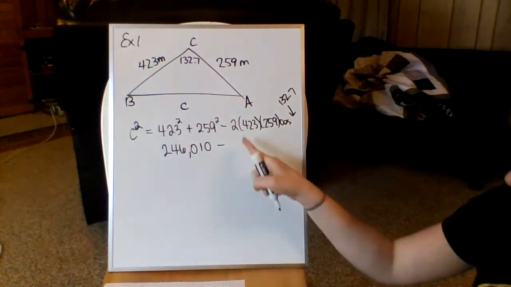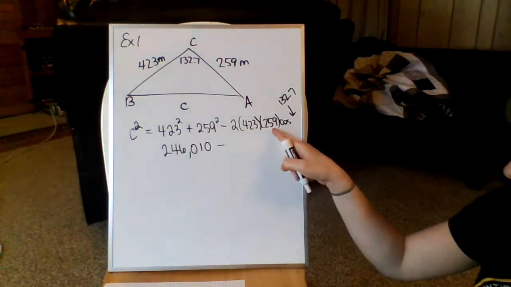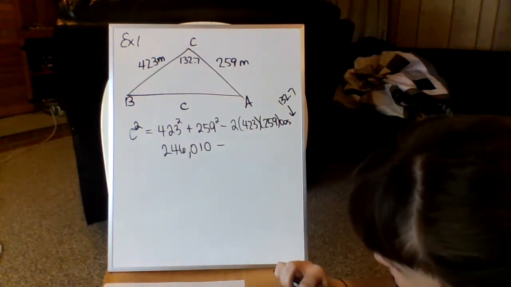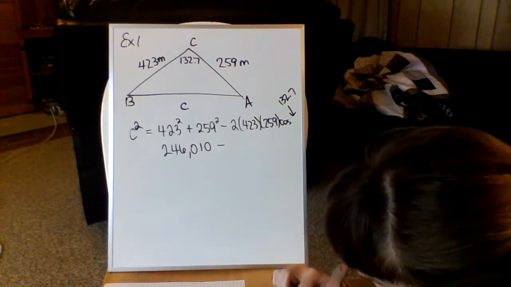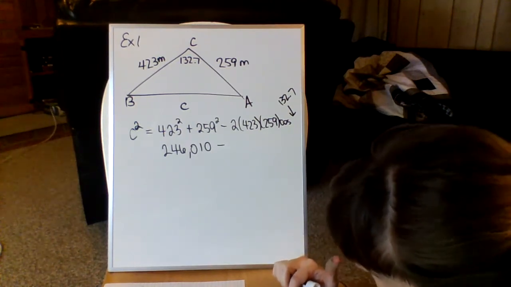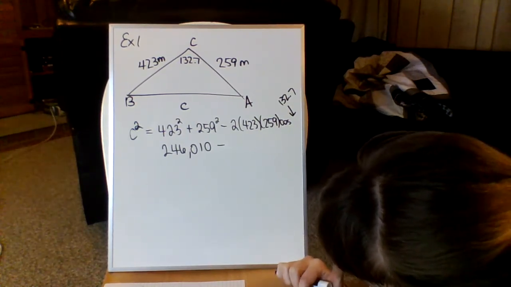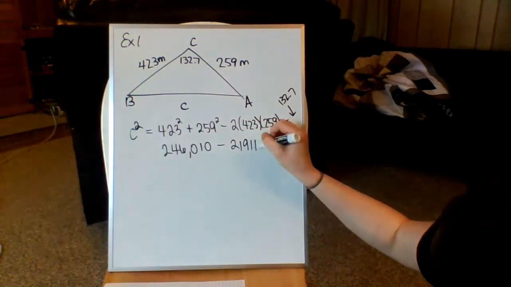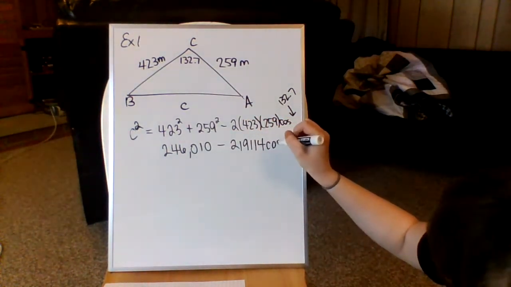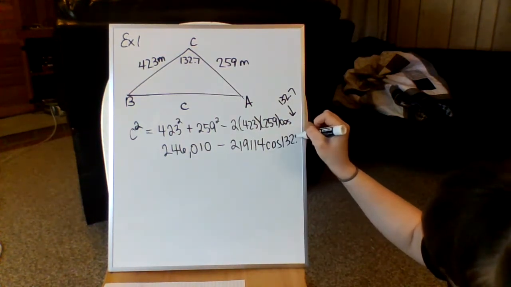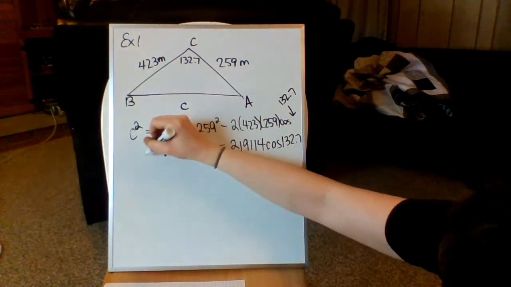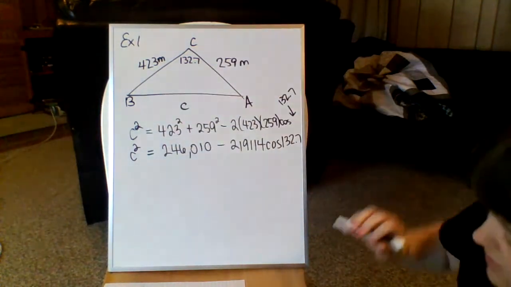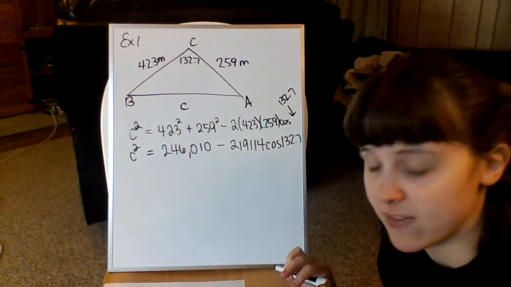Alright, now we're going to multiply 423 and 259. So 2 times 423 times 259, and that is this number. And then, of course, you've got cosine 132.7. Okay, so now here's what I'm going to have you do.